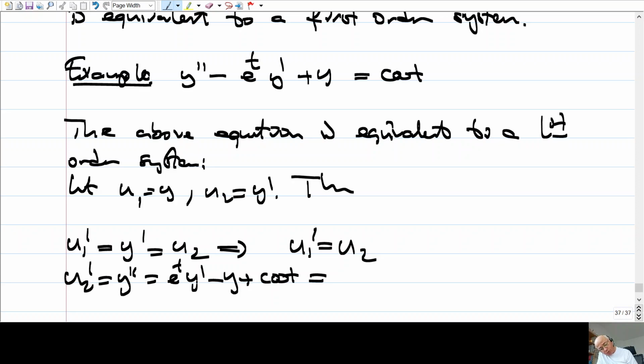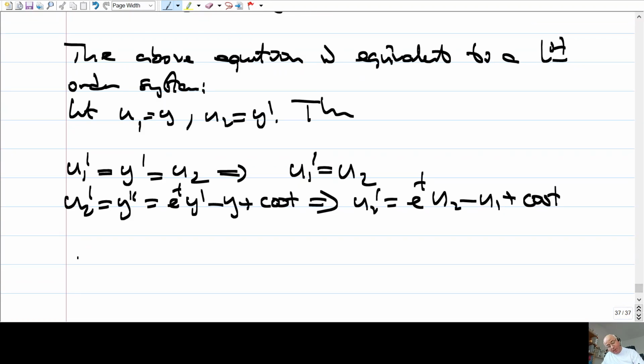So u2 prime is equal to e to the power t times y prime. y prime is just u2. So e to the power t times u2 minus y, which is u1, plus cosine t.